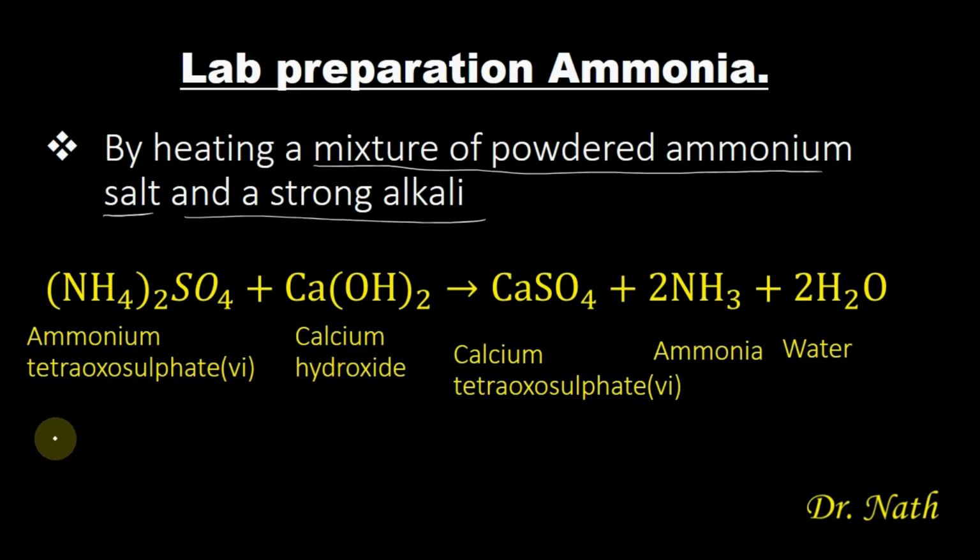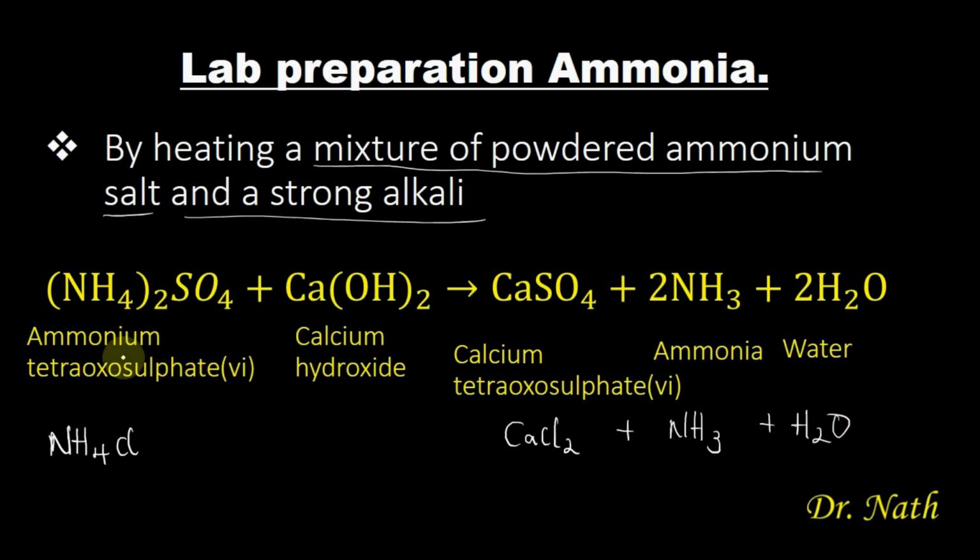So the other salt that you can use is ammonium chloride. When you heat powdered ammonium chloride and this strong alkali, calcium hydroxide, the substance that will be formed will be calcium chloride, ammonia, and water.